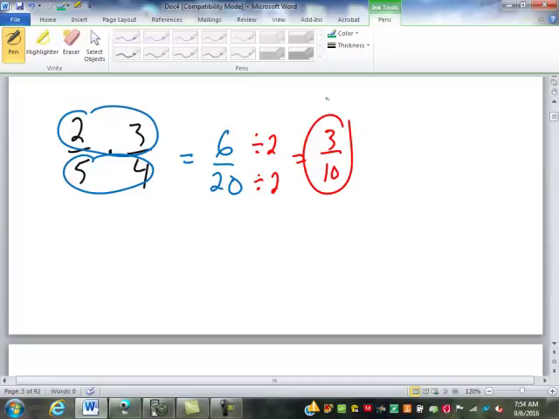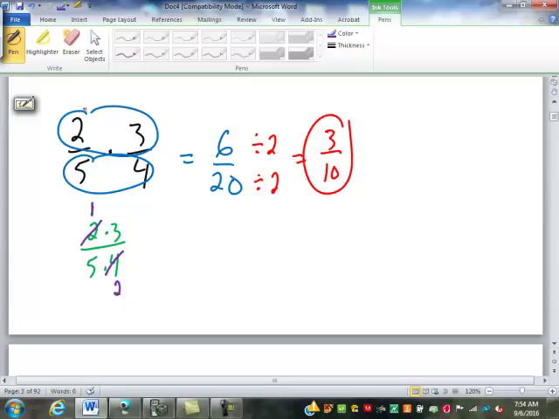Well, we look at this and we see that this is going to become 2 times 3 over 5 times 4. And looking at it that way, we see that we could reduce the 2 and the 4. So before we even multiply, we can reduce those numbers. 2 and 4 both divide by 2, give me 1 and 2.